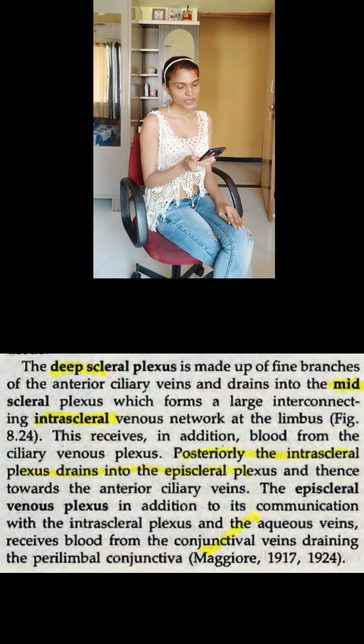Posteriorly, the intrascleral plexus drains into the episcleral plexus and thence towards the anterior ciliary veins. The episcleral venous plexus, in addition to its communication with the intrascleral plexus and the aqueous veins, receives blood from the conjunctival veins, draining the perilimbal conjunctiva.